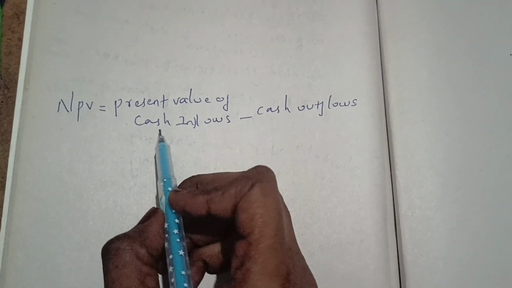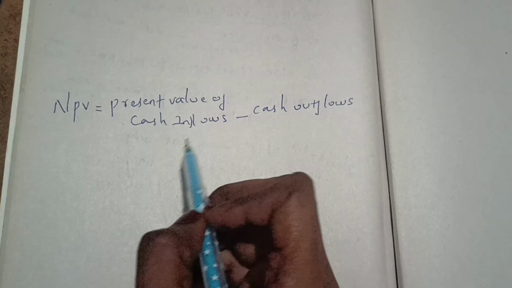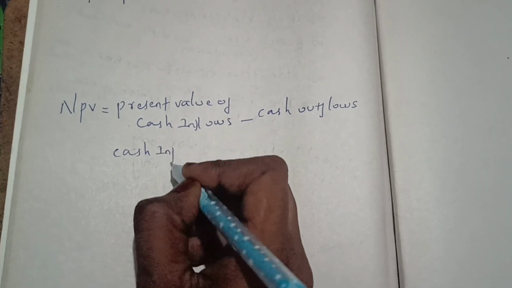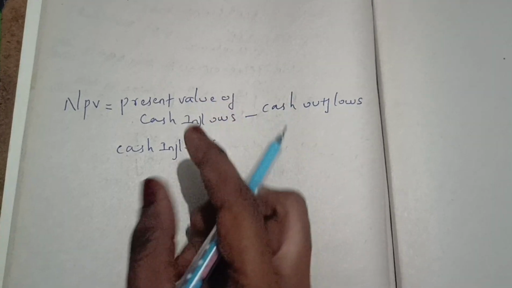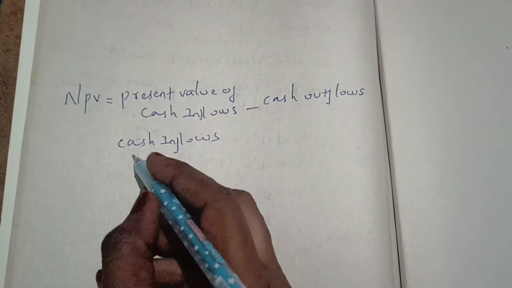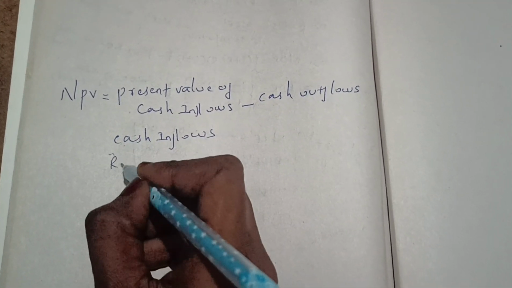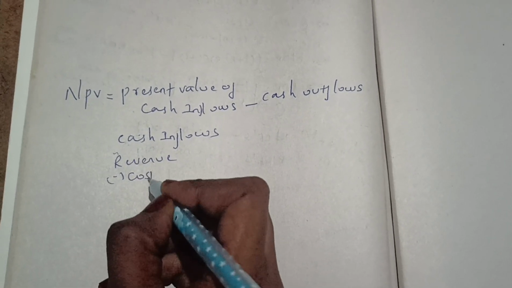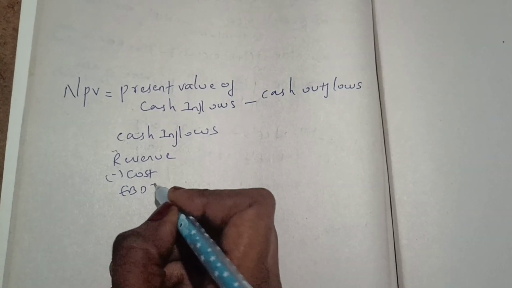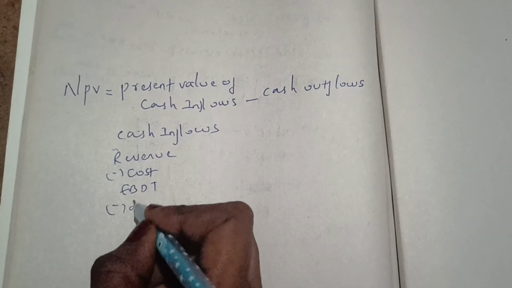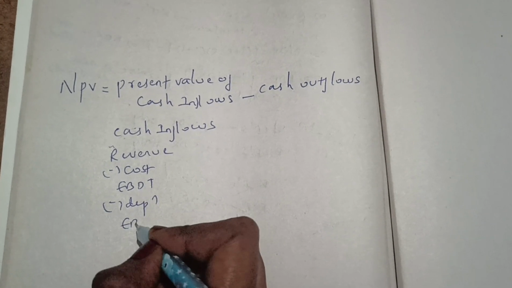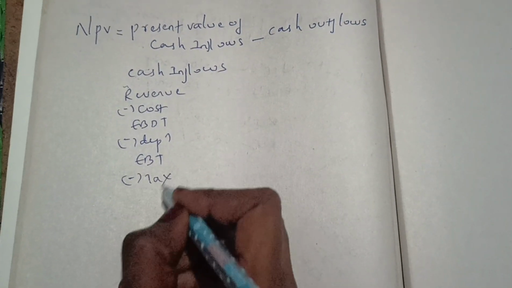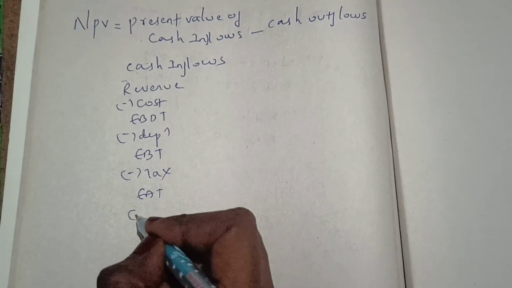Now consider in the question they have not given cash inflows. How will you find cash inflows? This I have been discussing from the first video. There is one format: revenue minus cost gives EBDT, minus depreciation gives EBT, minus tax gives EAT.